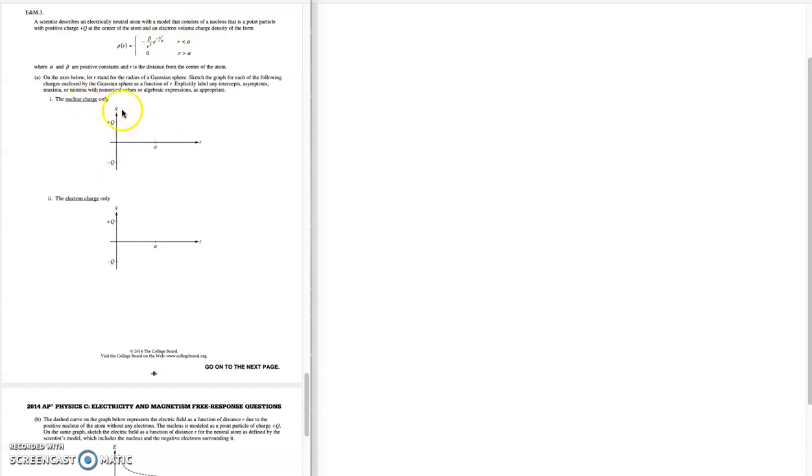So if we're looking at the nuclear charge only, what we get is plus Q going straight. That doesn't change because as you move away, so if we put a plus here and that's our point particle, and then what we have is out to radius alpha, we have an electron cloud.